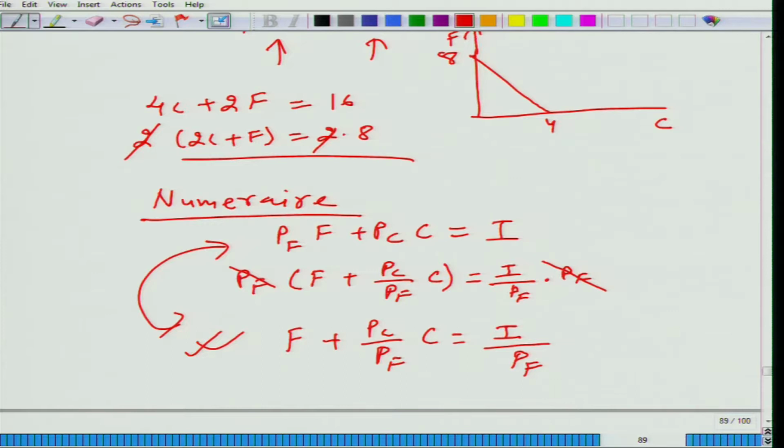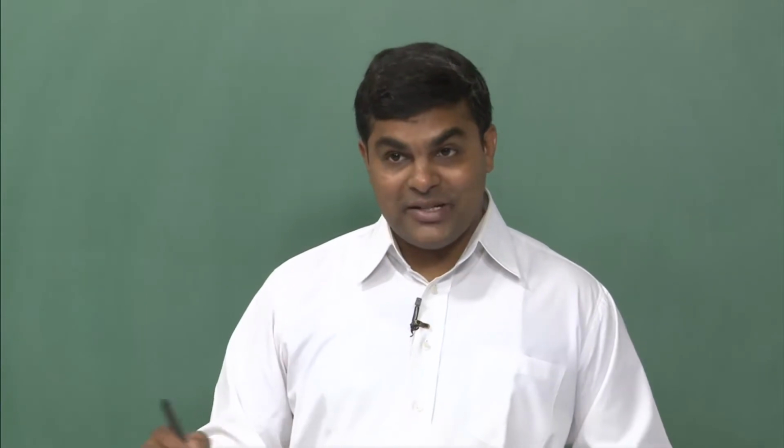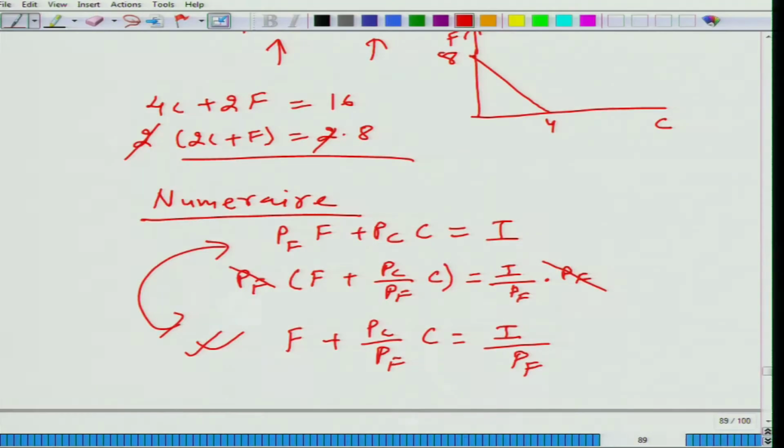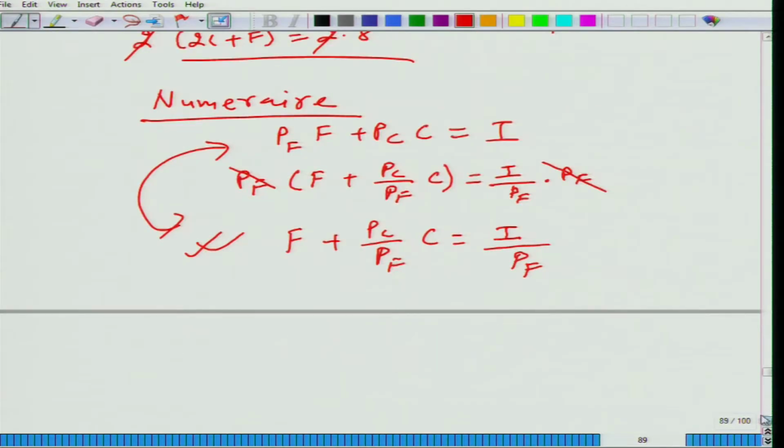In the earlier example, the price of fish is Pf, the price of coconut is Pc, and the income is I. But when we take the price of fish as 1, what is the price of coconut? Pc by Pf, the price of coconut in terms of fish. And the income in terms of fish is I by Pf. Understand?